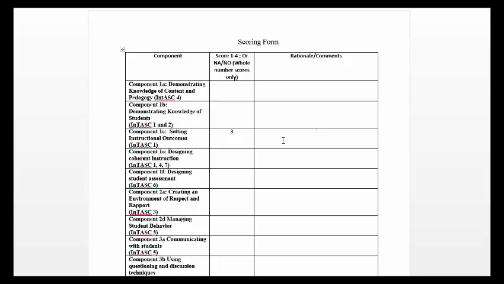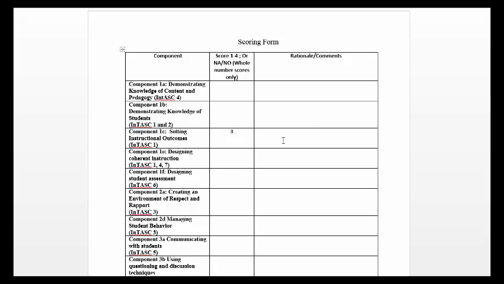You can also provide feedback as to some of the components that were a level 2 ranking and say the candidate or the teacher candidate or the intern was demonstrating the ability to start to differentiate instructional outcomes or assessments, but still is in the global area. However, the rest of the components for this particular section were met, and then you will explain why they were met. This does not need to be very long. I would say probably 3 to 4 sentences of comments and rationale.